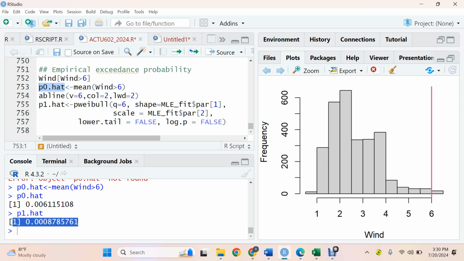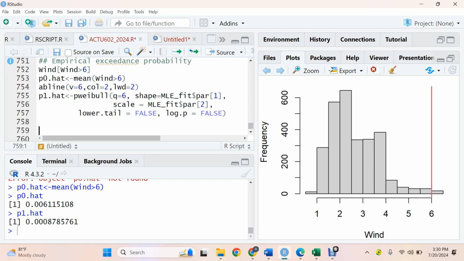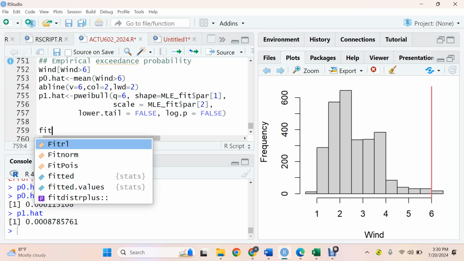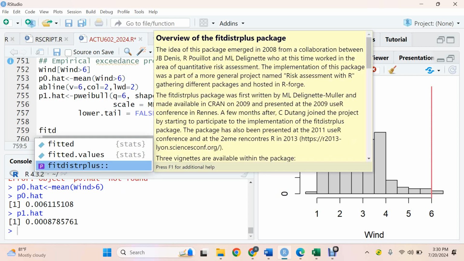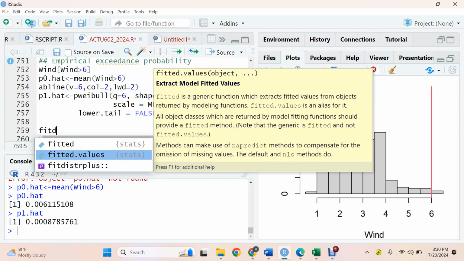So the idea is that you need to now expand and check whether you can have other distributions that will fit the tails quite well. Maybe, as an exercise, we can check whether we can fit a log normal or any other. I should leave it to you as an exercise when you go home.